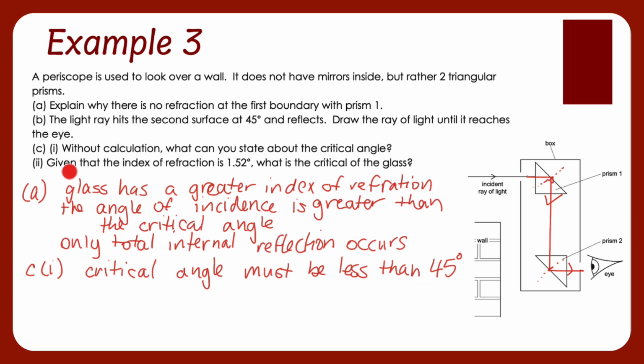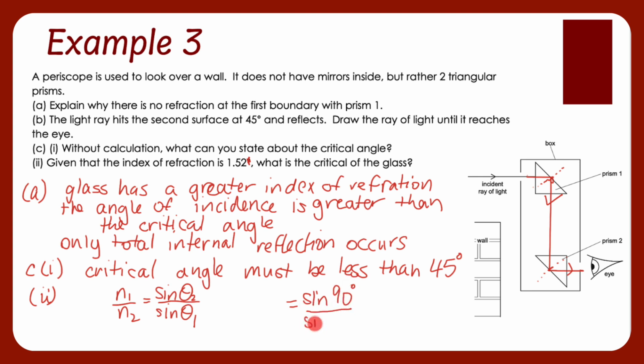Now, given that the index of refraction is 1.52, that degree sign should not be there. What is the critical angle of the glass? So let's go back to Snell's law. Now, since this is a critical angle, we know that sine theta 2 is going to be sine 90 degrees.